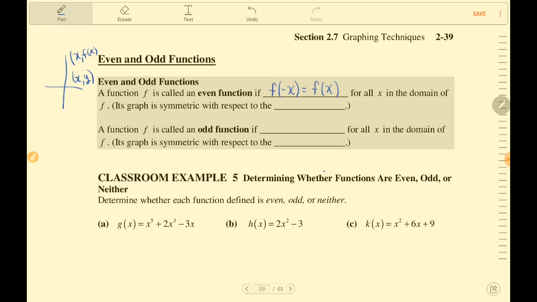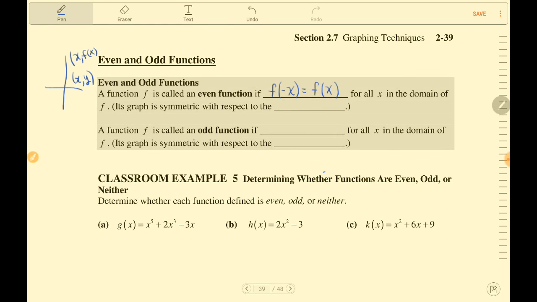If I have a point (x, y) on a function, and then I put a negative x in and get the same y value, in other words, these two y values are going to be the same, even though the x sign is different.